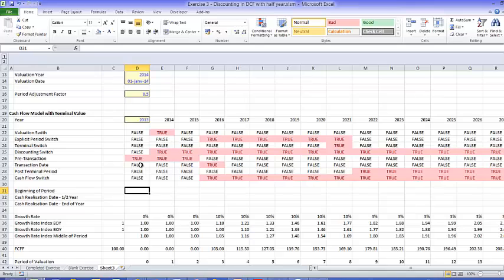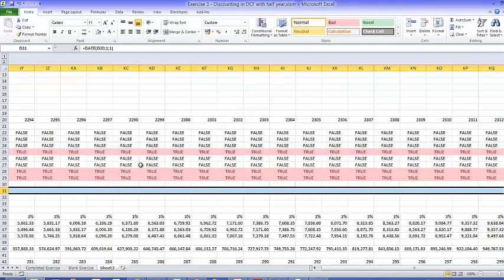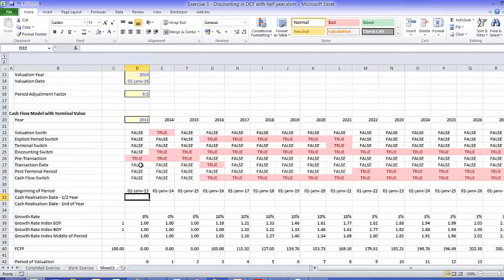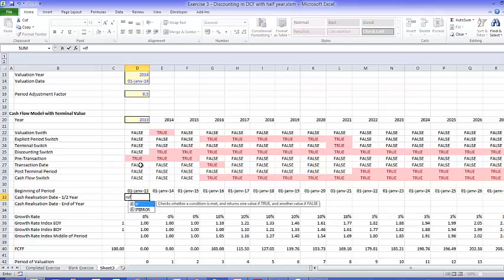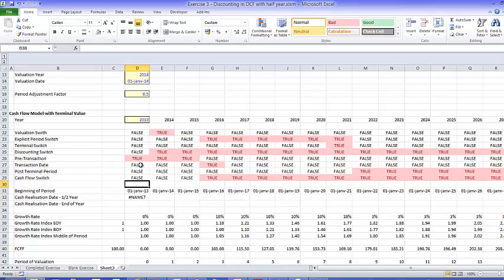Now, let's just first define the beginning of the period. So on these lines I'm going to put the dates. If I just take equal date and just put comma 1, comma 1, and let's put Shift Control 3 to get a regular format. So that gives us the date. Now, we want to bring it back to 2014 up here.